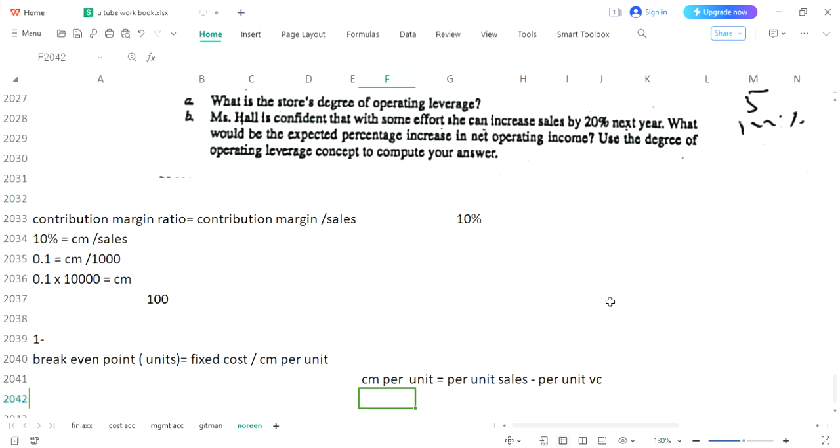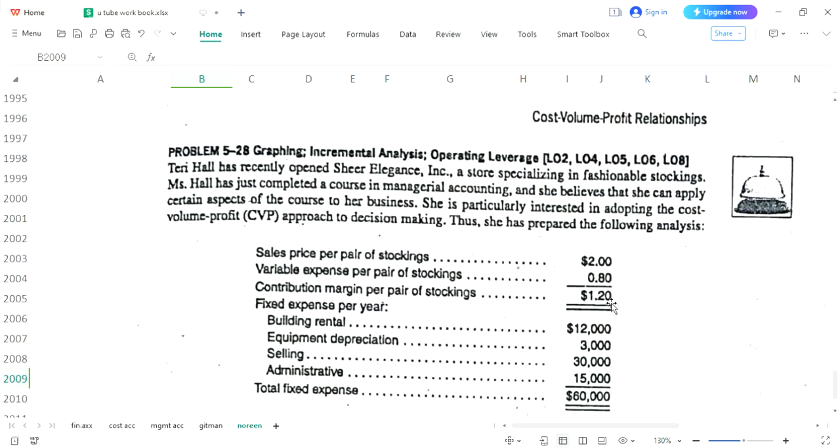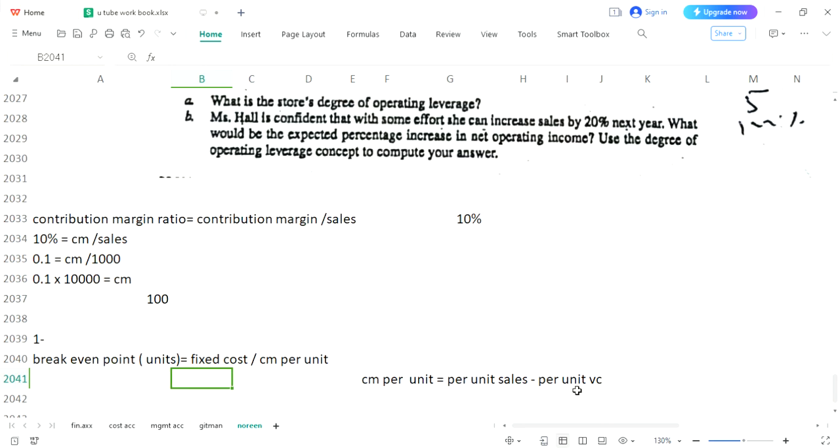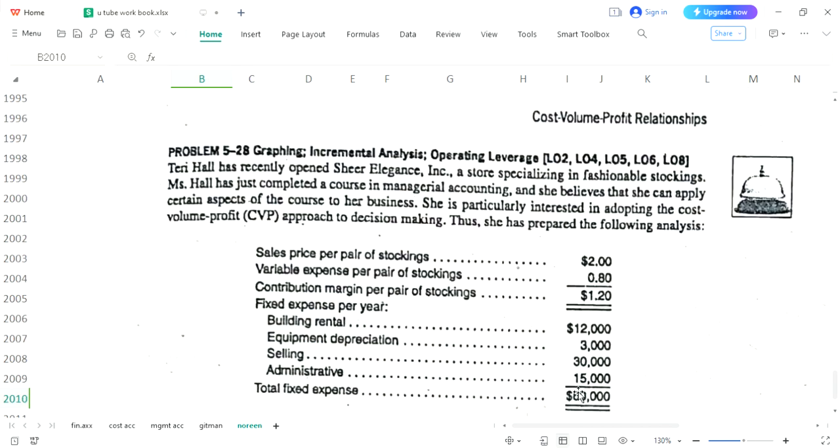So what we will do, we will directly come over here and write fixed cost. Fixed cost is also a part of our question, 60,000. It would be divided by CM per unit, which is also mentioned in our question. Contribution margin per unit is 1.2.